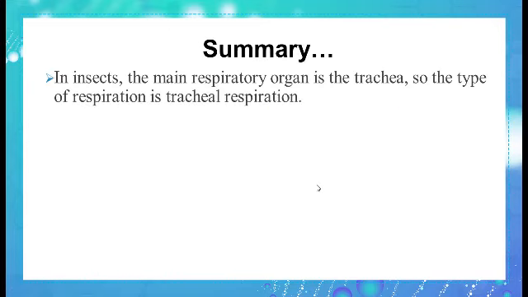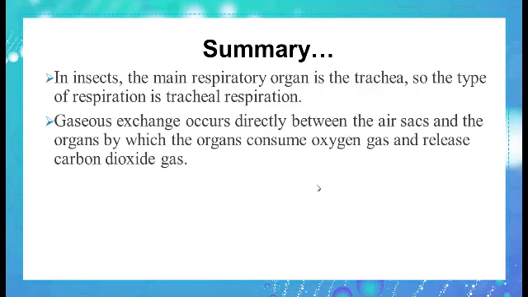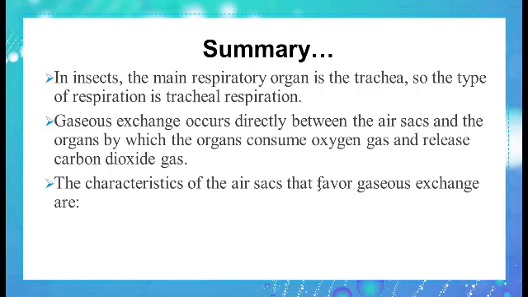As a summary, in insects, the main respiratory organ is the trachea, so the type of respiration is tracheal respiration. Gases exchange takes place directly between the air sacs and the organs, by which the organs consume oxygen gas and release carbon dioxide gas.